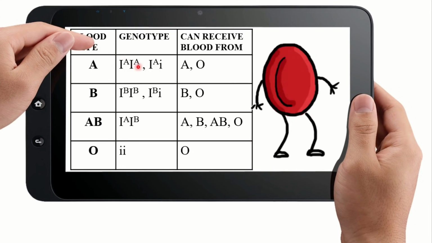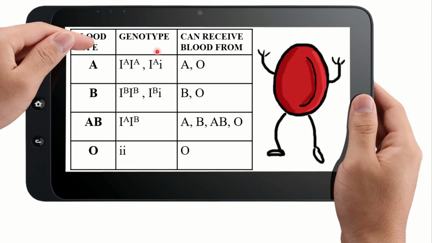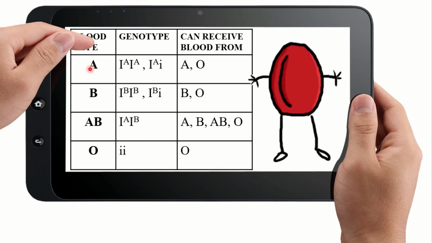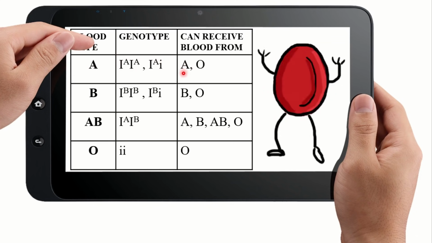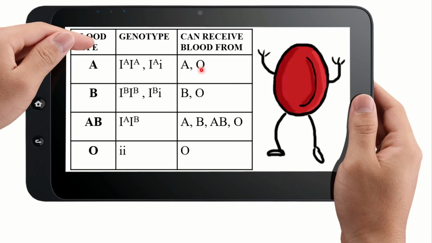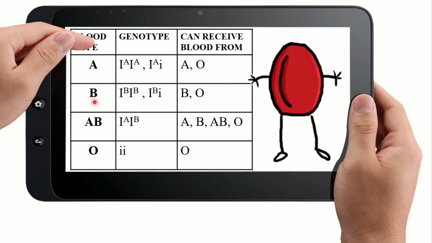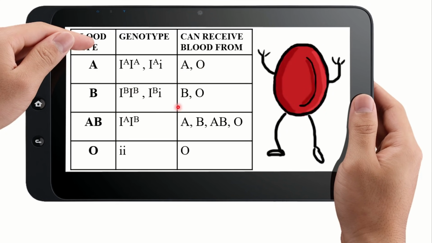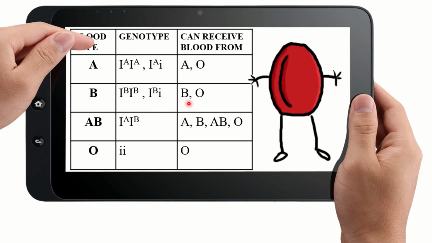We have the homozygous IA and the heterozygous IA small i. Blood type A can receive blood from itself, blood type A, and blood type O. Blood type B, we also have two genotypes, homozygous and heterozygous. Blood type B can receive blood from blood type B and blood type O.